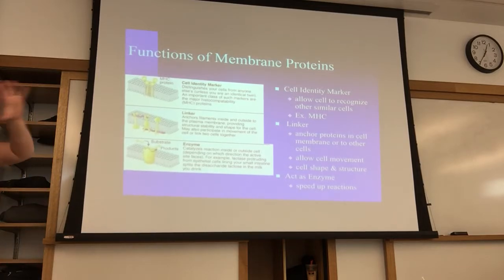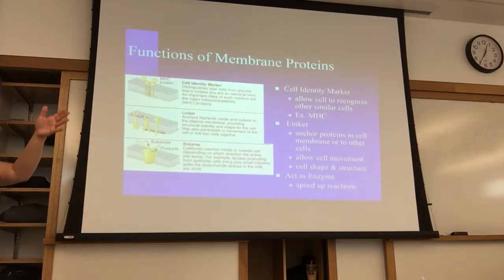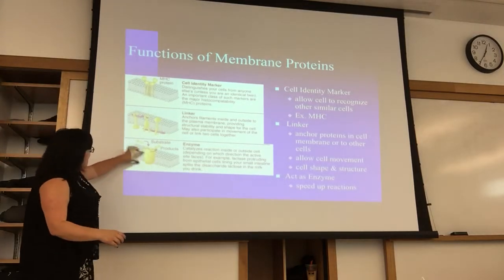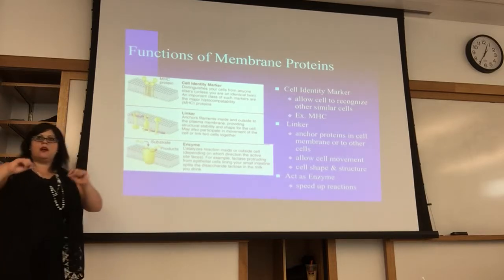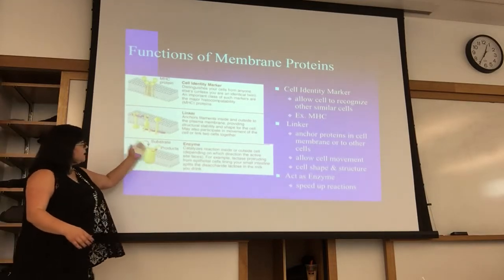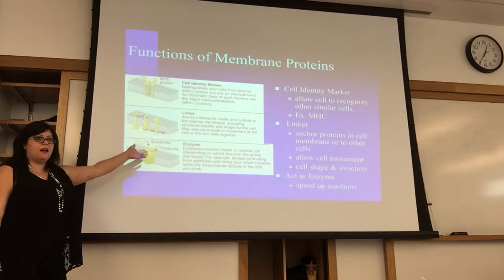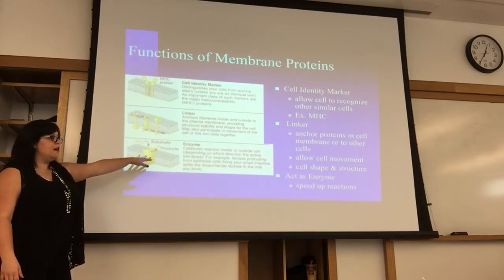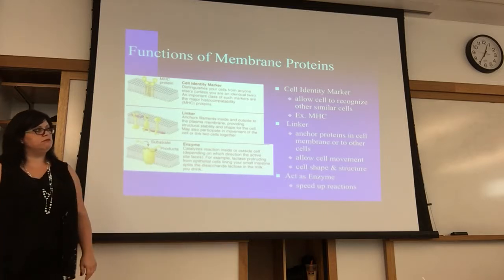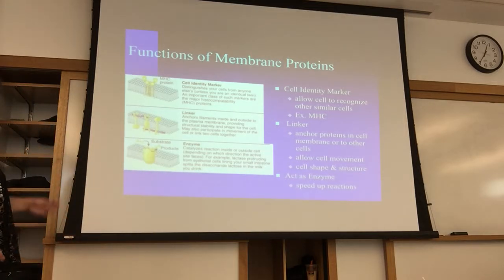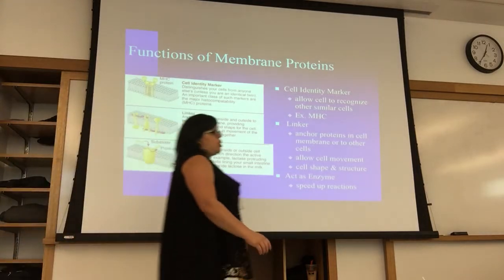So where I was drawing that weird shape last time with the active sites in it, that protein is now embedded within the phospholipid bilayer. And if A and B want to come together to make C, they can do that right at the surface of the cell, because the cell has this enzyme, this special protein to do that. The proteins within the cell membrane can have many different functions. I think I've hit on pretty much all of them.